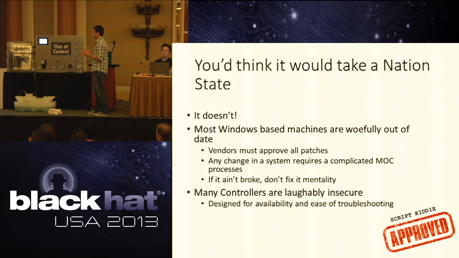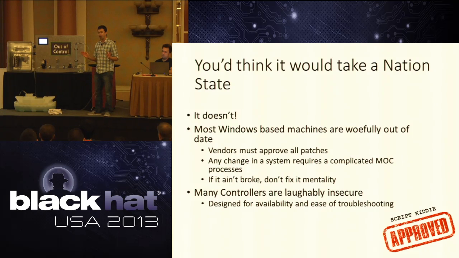So we think that it might actually be kind of hard to get to one of these PLCs or to an HMI. But the thing is that it's actually pretty easy, because a lot of these HMIs and engineering workstations are Windows-based machines, and they're woefully out of date. The reason for that is because in production, you never want production to go down, right?